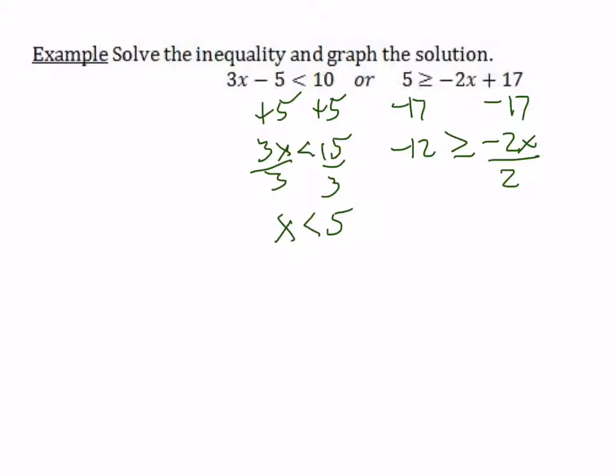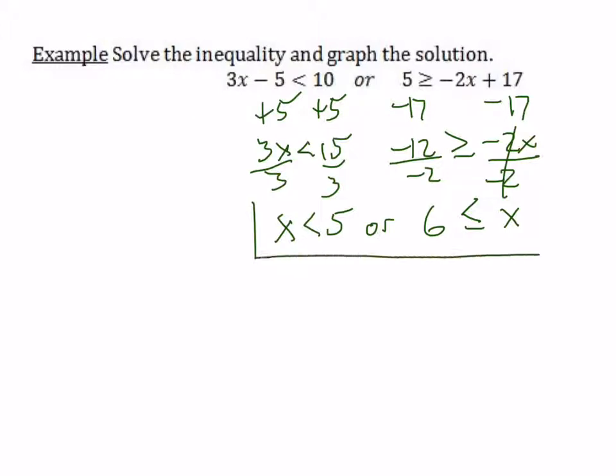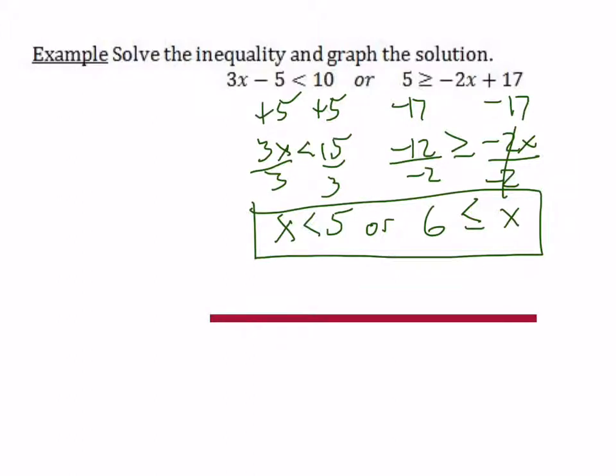And we divide by negative 2. Remember, when you divide by a negative, we're going to flip the sign. Don't forget to flip the sign if you divide by a negative. So what we have here is two inequalities: x is less than 5 or x is greater than or equal to 6. Don't try to put these together. You cannot put these together.